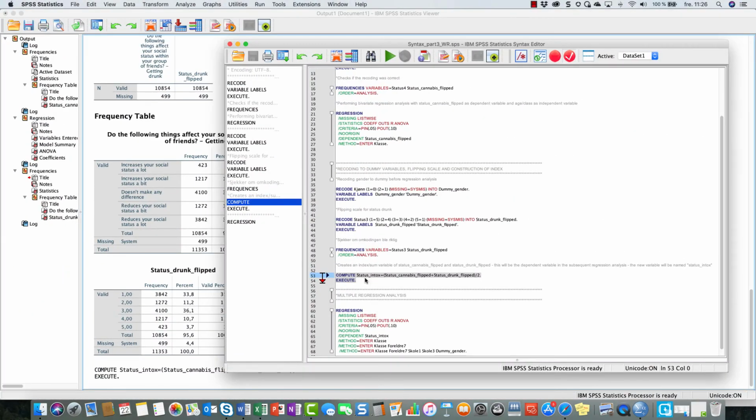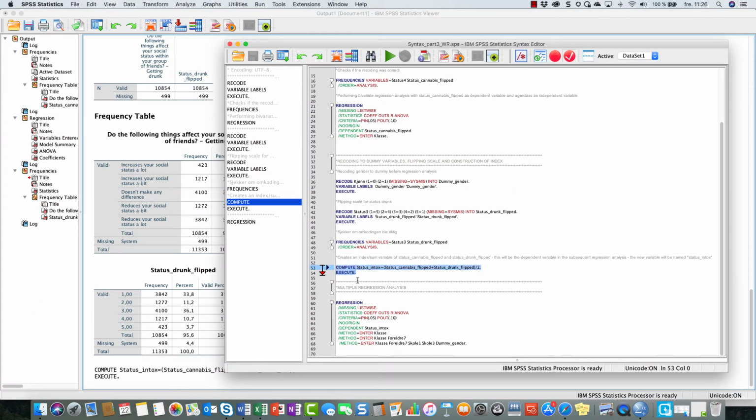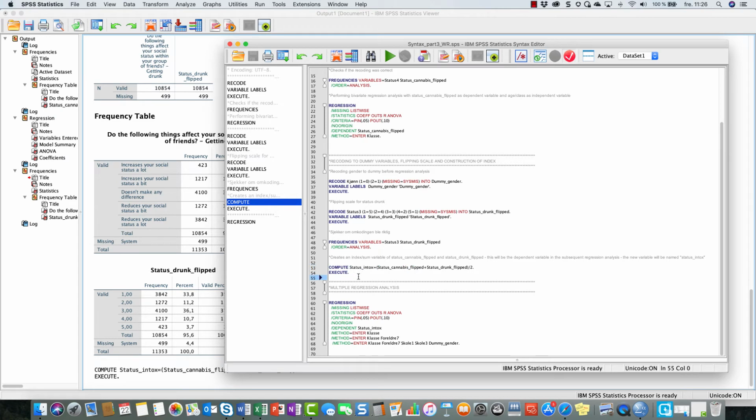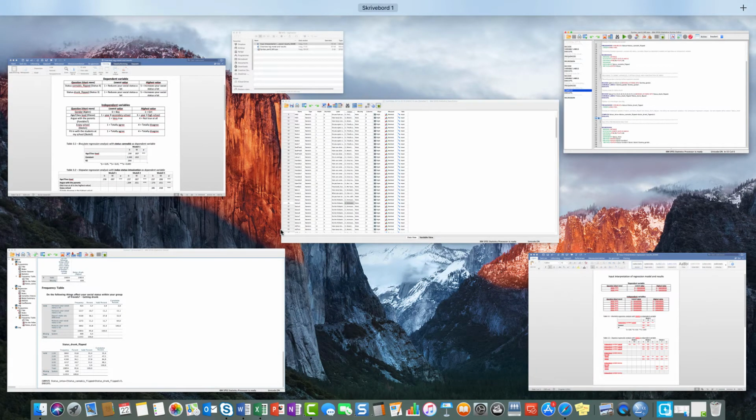You can run a frequency on this status intox, and you will see that it will still go from 1 to 5, but given that it's the mean on these 2 variables, it will be more fine scaled, because you'll also get the numbers behind the comma. So you'll get the decimals really.